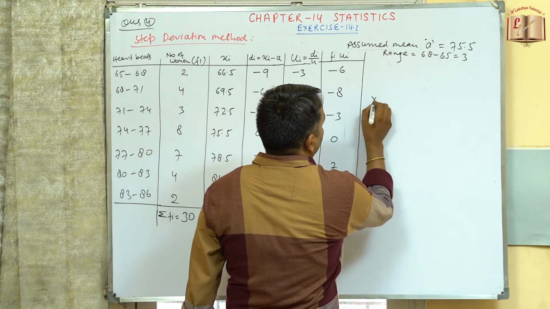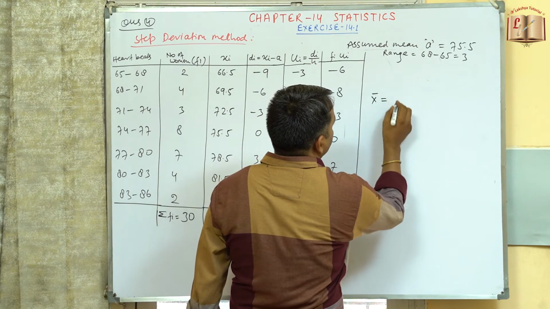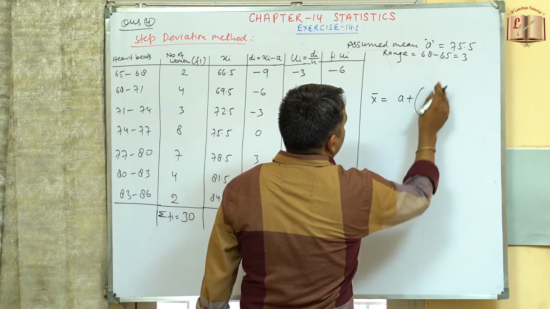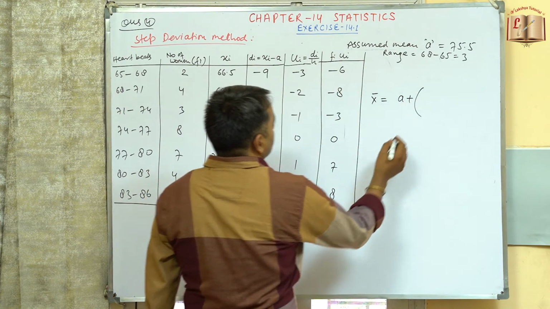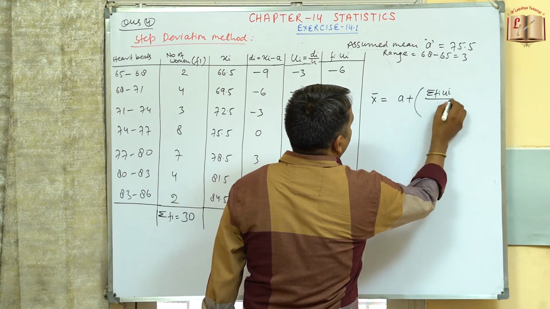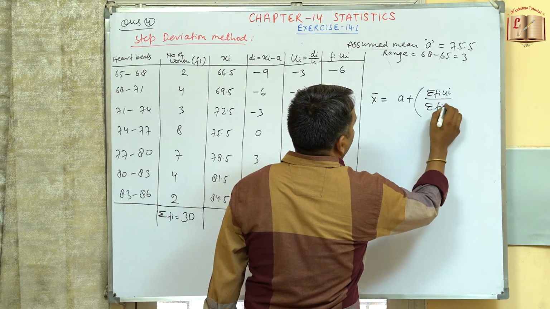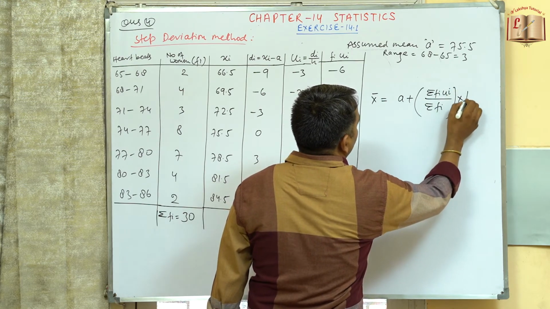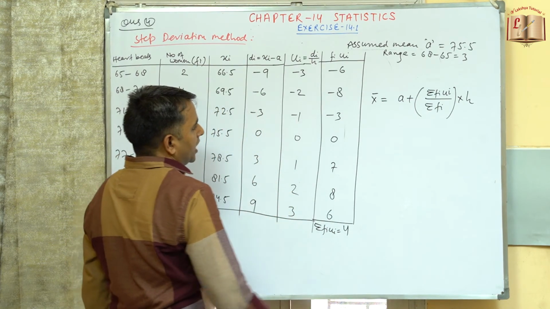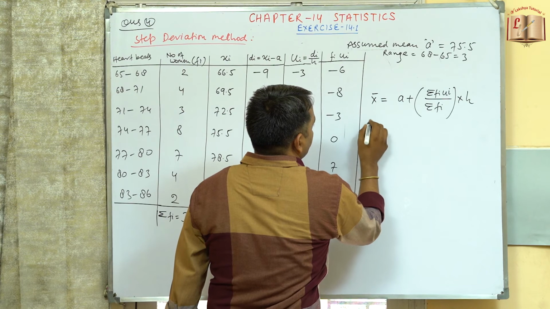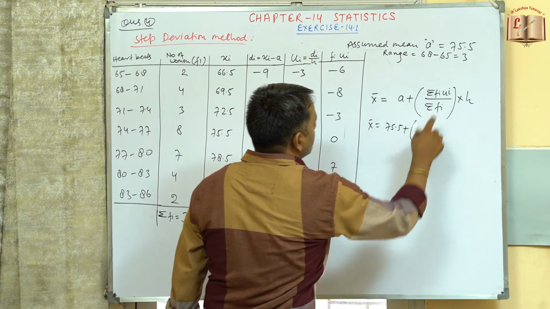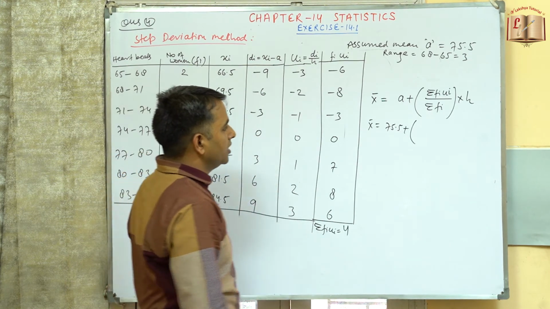Now we need to calculate the mean. So mean will be equal to A plus sigma Fi ui divided by sigma Fi, into h. H is the height given. Height means this is the range. So mean will be equal to A is 75.5 plus sigma Fi ui is 4.